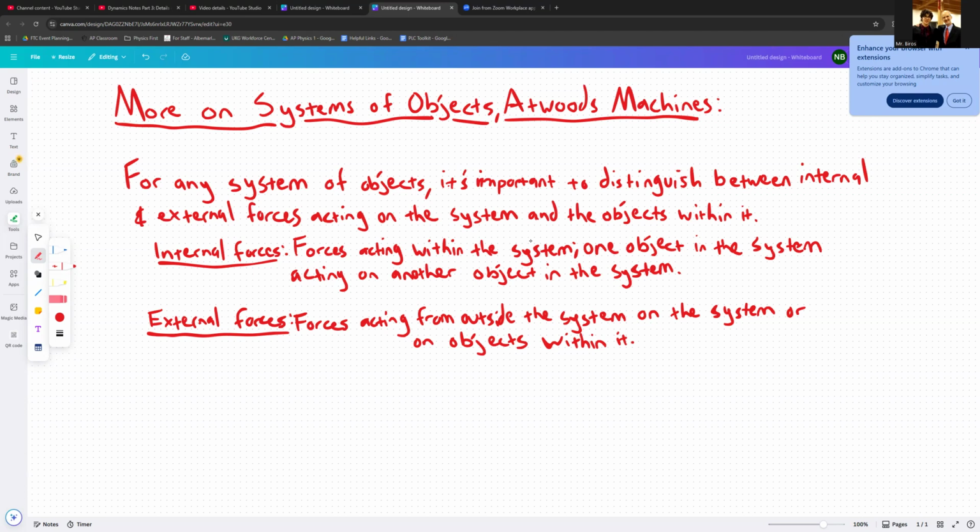And there's lots of pushing and pulling between the objects in that system. But we don't use that really to look at what happens to the box. Instead, we say, what is the force of gravity acting from outside of the box of books, acting on this whole system, which is the box and all the books within it?